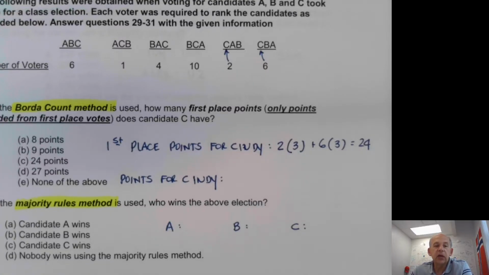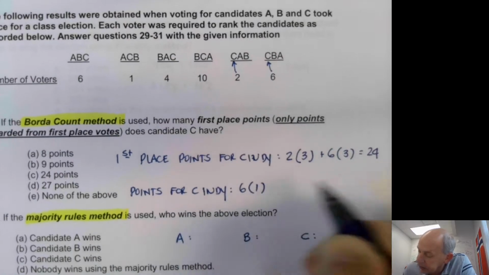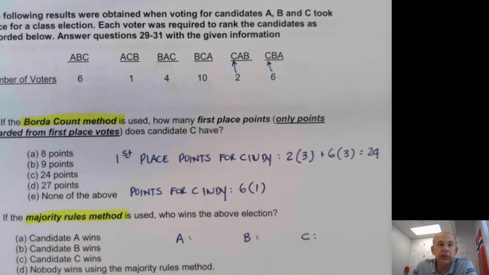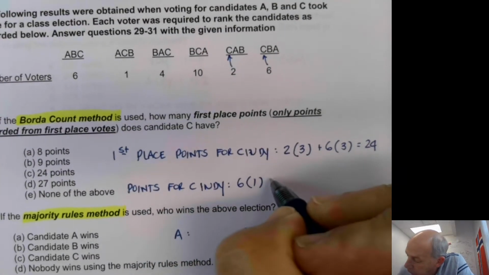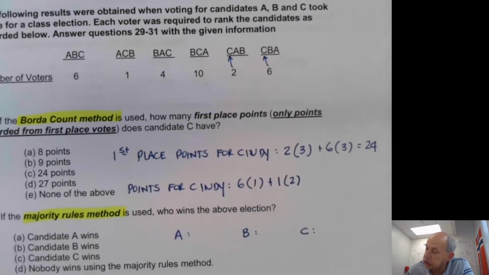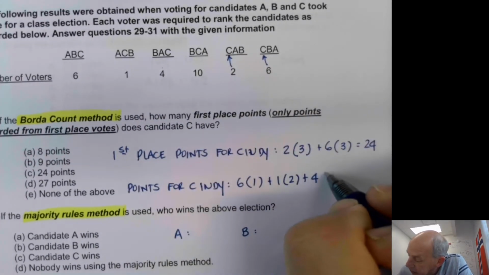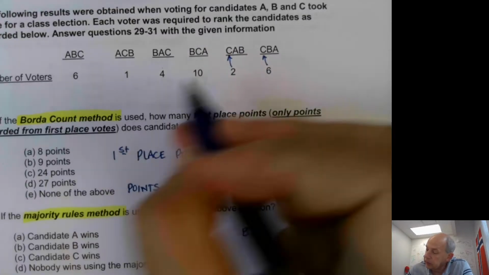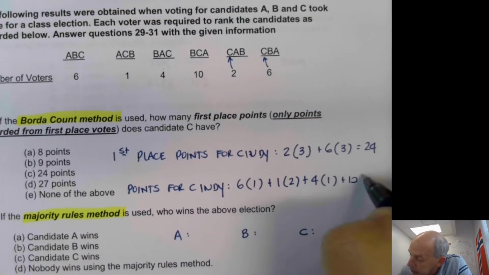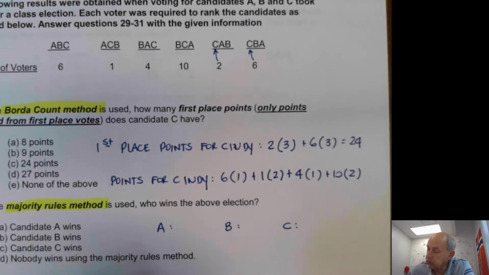If you wanted to take a look at her entire point total, let's get the entire points for Cindy. Cindy, for 6 people, was in last place, so she only gets 1 point. For 1 person, Cindy was in second place. She gets 2 points. For 4 people, Cindy was again in last place. For 10 people, Cindy was in second place. She gets 2 points.